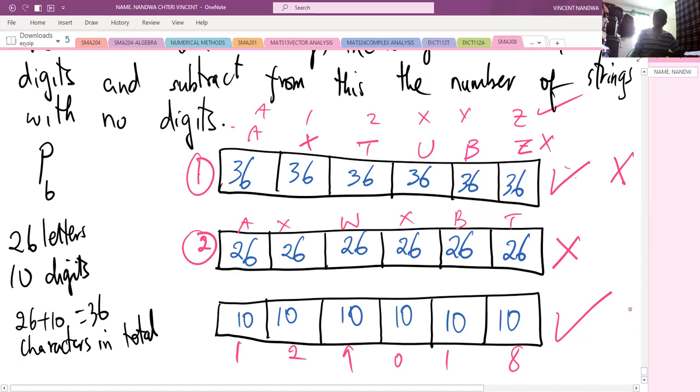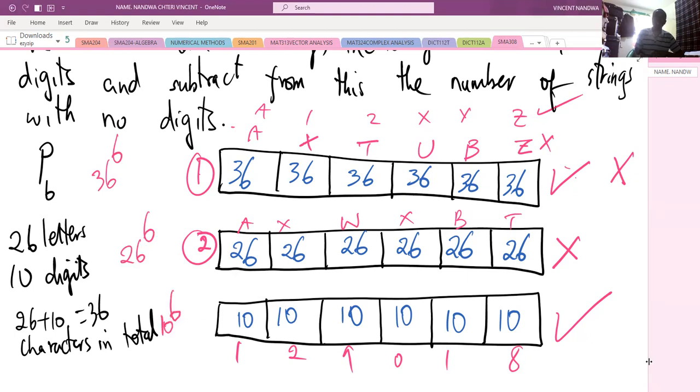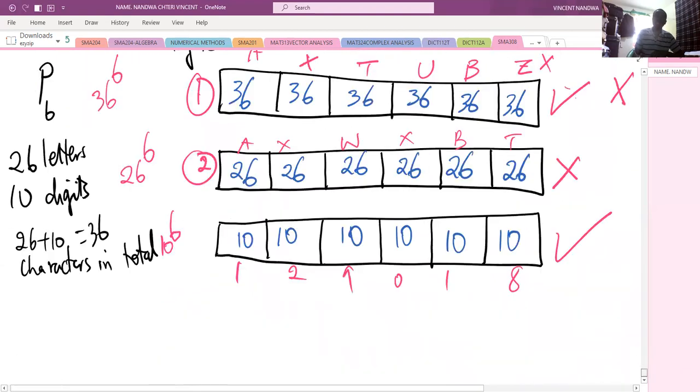The number of possibilities from the product will be 36 power 6. This will be the same as 26 power 6. If you are to do this one, it will be 10 power 6. So therefore, when I say set 1 minus set 2, I'll remain with only those which satisfy the property that is required in the question.